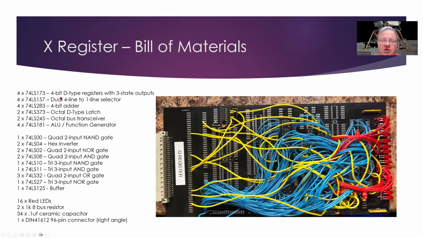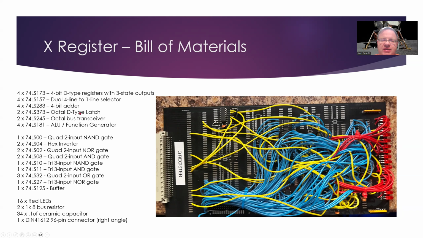We've got our D-type registers, which hold the actual X register contents. We've got our line selectors, so that we can bring in either our constants or the data from the other registers. We've got our adder chips that we use to add.